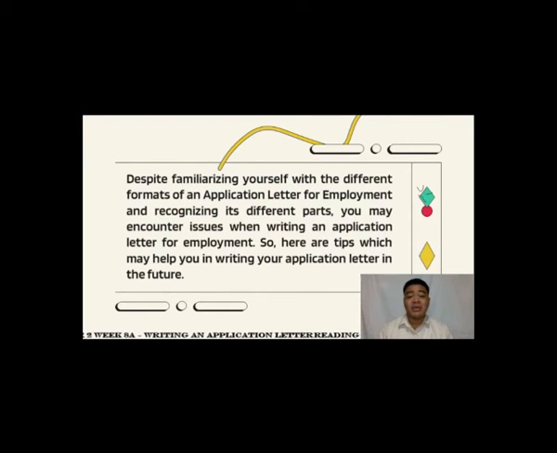Now, despite familiarizing yourself with the different formats of an application letter for employment and recognizing its different parts, you may encounter issues when writing one. So here are tips which may help you in writing your application letter in the future.